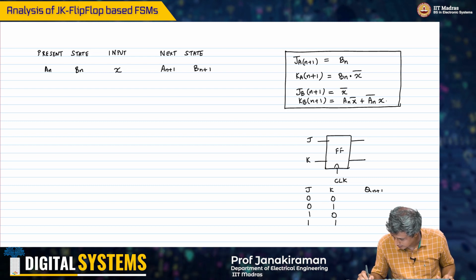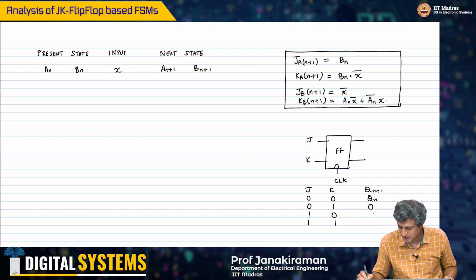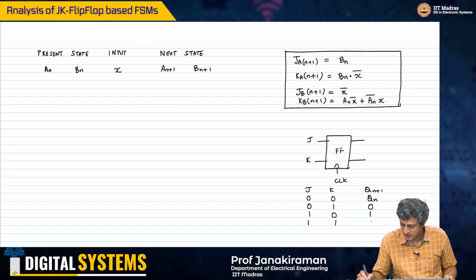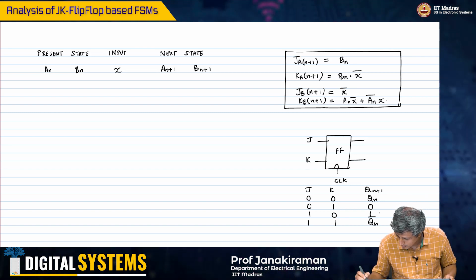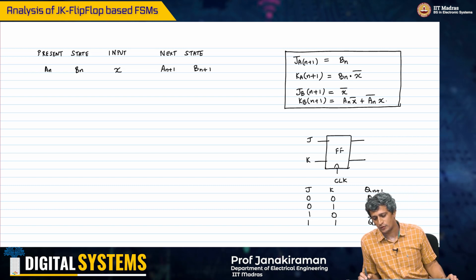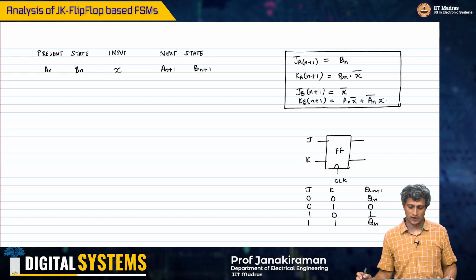This is basically Qn, no change. This will set, and this will reset, this will set, and this will toggle. So you have to keep this in mind as well when you are generating this.